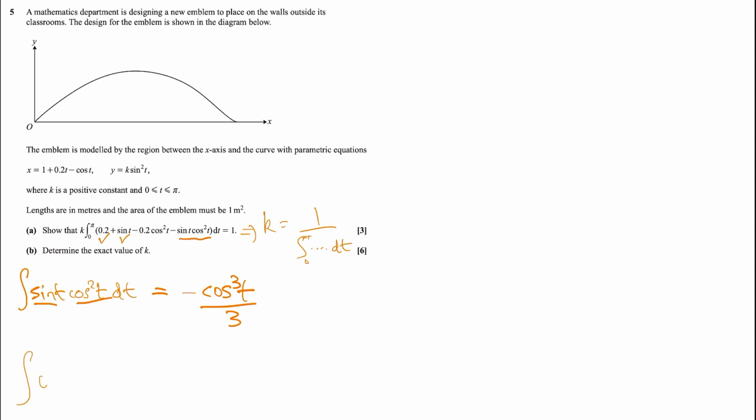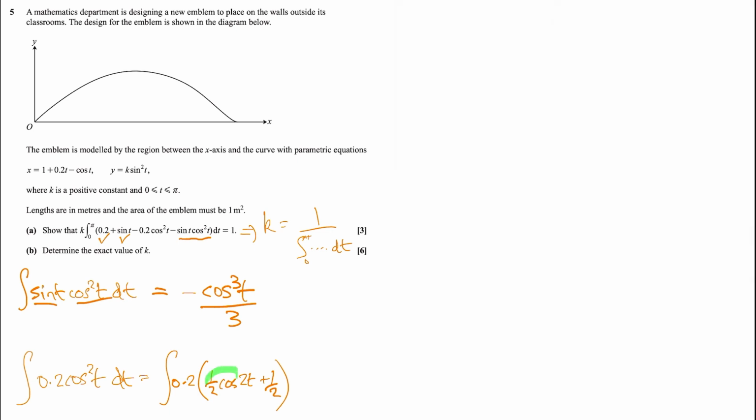So 0.2 cos squared. Now, what you need to know for this one is that cos squared t is the same as a half cos of 2t plus a half. Now, where does this come from?